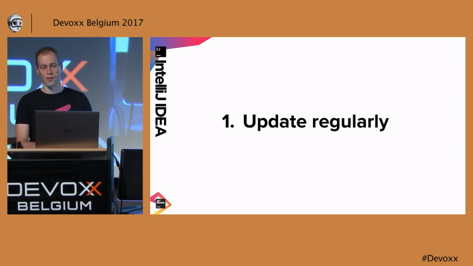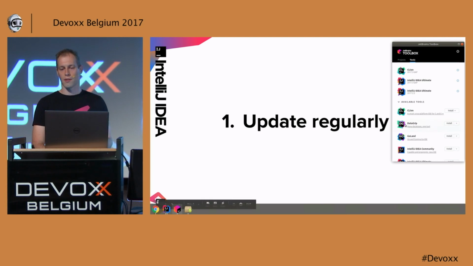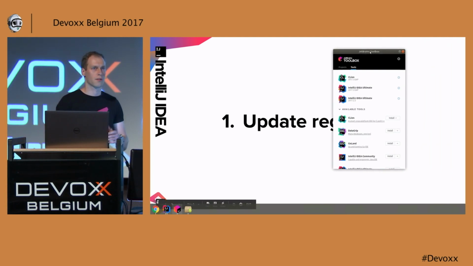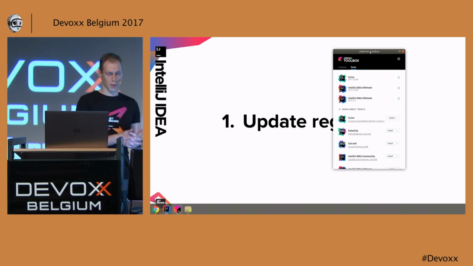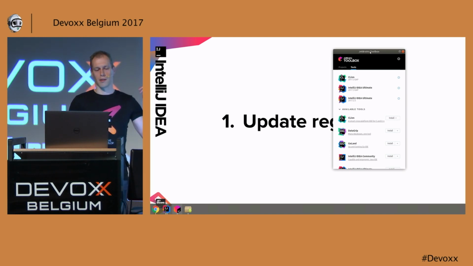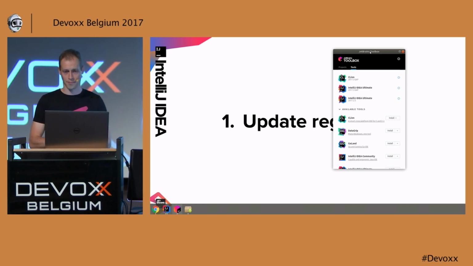Before, you needed to go to our website and check if there was a new build available. Now, since a year ago, we have a nice, cool Toolbox app. It is available for Windows, Mac, and Linux. It's a small application that runs in the background, sits in the menu bar on Mac or in the system tray on Windows, or whatever it's called on Linux.